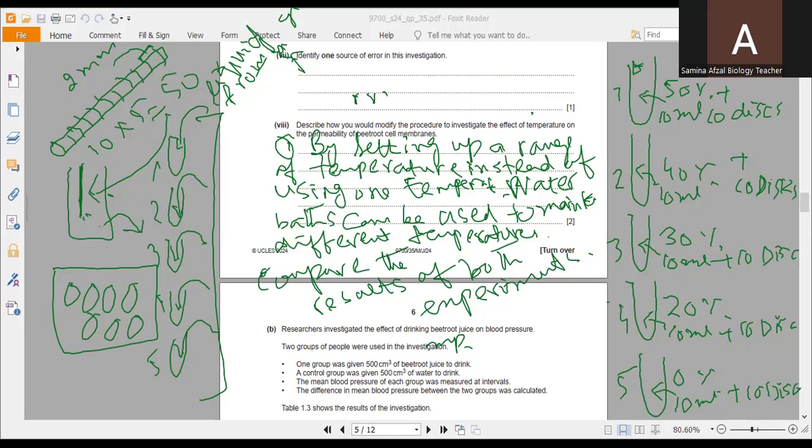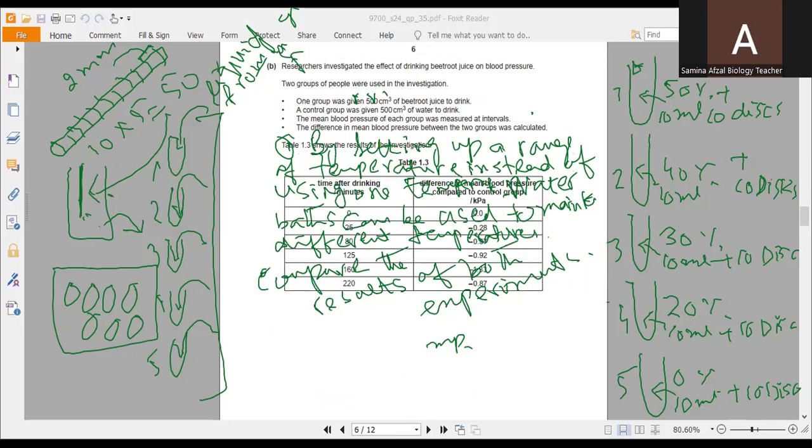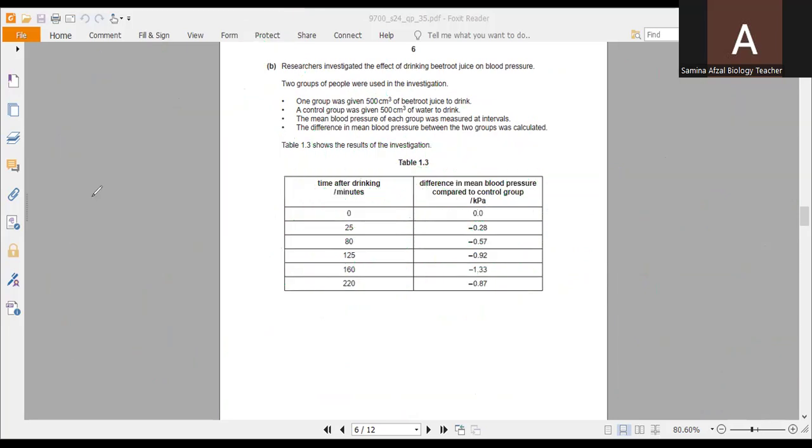Now, moving towards the next question, which is a graph which we have to draw. Researchers investigate the effect of drinking beetroot juice on blood pressure. Two groups of people were used in the investigation. One group was given 500 cubic centimeters of beetroot juice to drink.